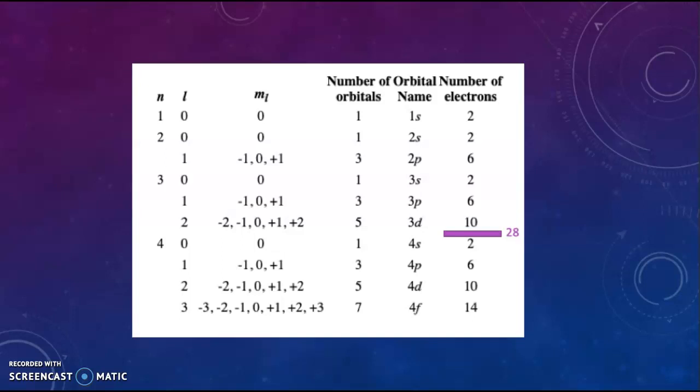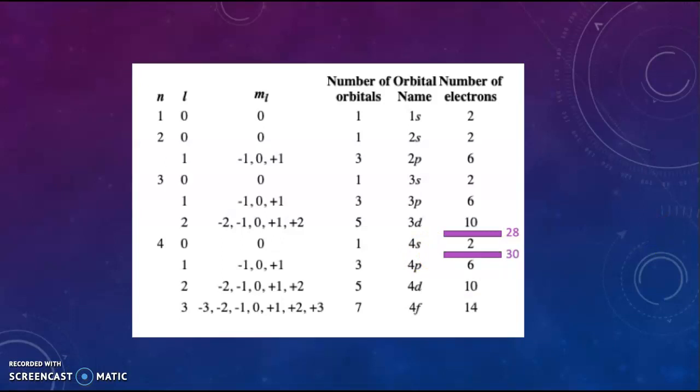We know that the address of the electron we're looking for has L equals 1. That means an electron can occupy the L equals 0 orbital, which is the s orbital, but there can also be electrons in the L equals 1 p orbital. We have 2 electrons possible in the s orbital, which brings our total up to 30.